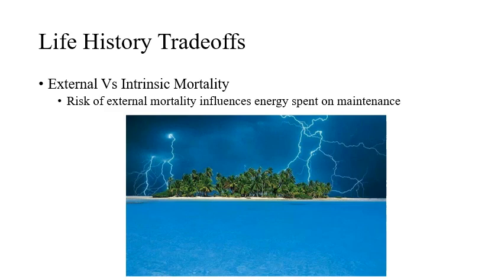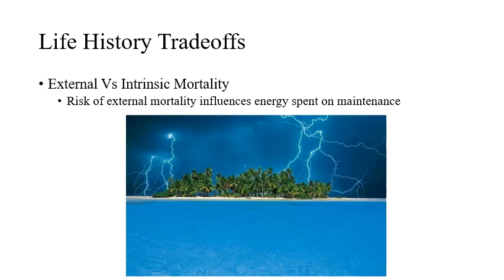In general, R strategists tend to do better under unstable, chaotic environments. If there's a very low risk of the lightning hitting you and killing you, then there's no reason to rush reproduction. You may as well wait until your body is big enough, strong enough, and ready to do it. Okay, so that kind of determines the R versus K strategist, is this risk of extrinsic mortality.